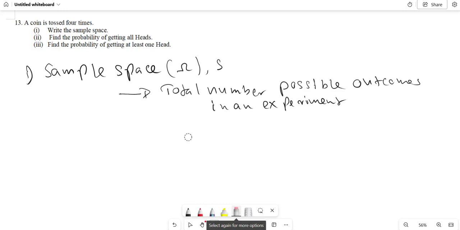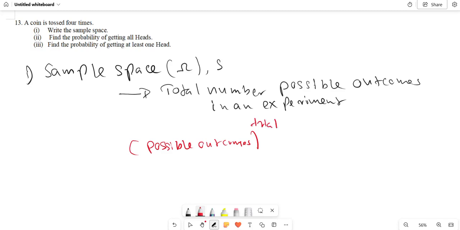Then you can get the size of the sample space by using this formula: possible outcomes to the power of trials. The base will be the possible outcomes and the power will be the trials.